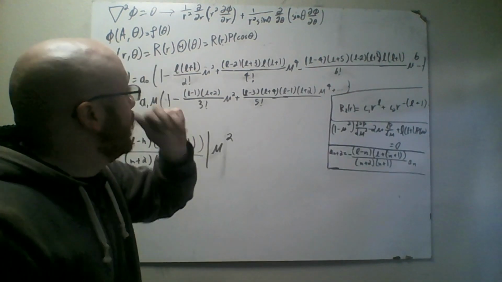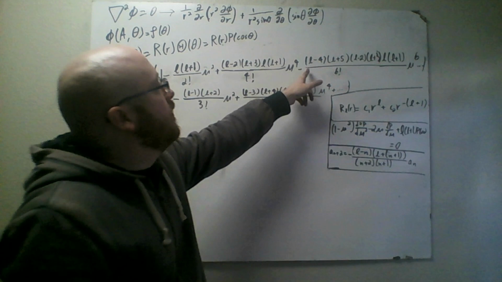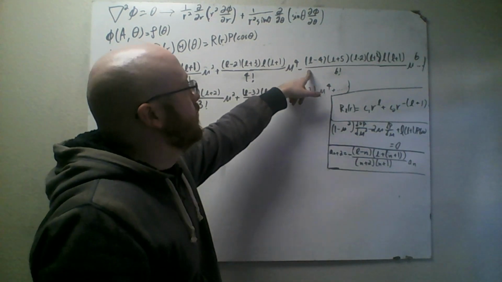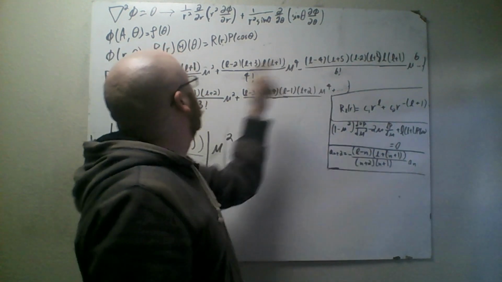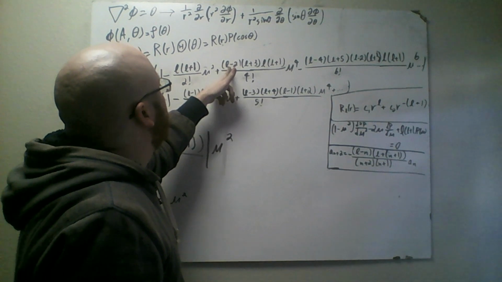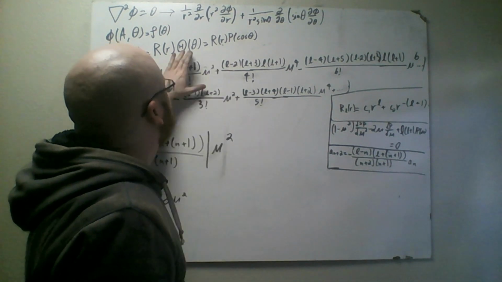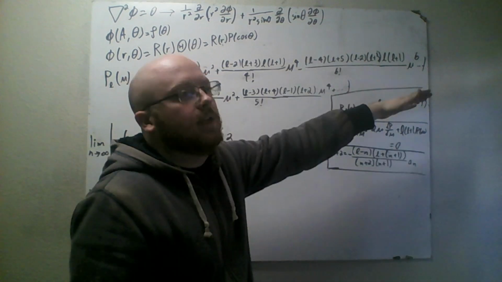And the only real way to do that up here is if L is an even, non-negative integer. So if L is 0, it stops here. If L is 2, it stops here. So you get this one, but you don't get this one. If L is 4, you don't get this one, and you don't get anything further on.